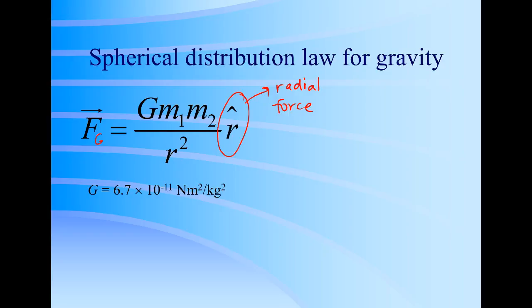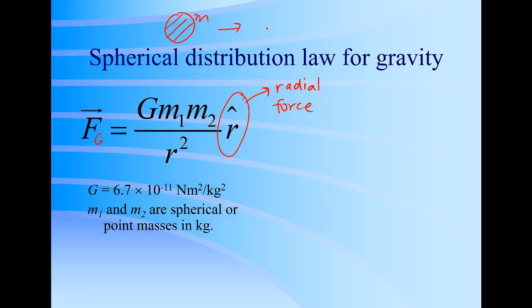And we know this constant, capital G, is just the gravitational constant for the universe. And we know that m1 and m2 in this case have to be spherical or point masses. And one thing that you can show looking back at gravity is that a spherical object with a uniform distribution of mass behaves the same as a point object of the same mass.